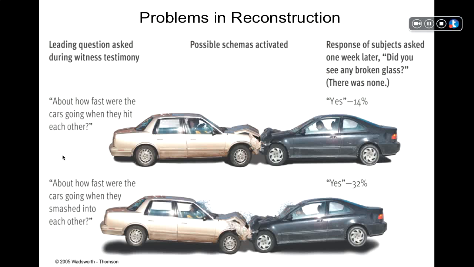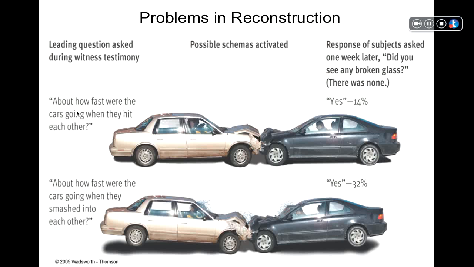Research on some of the ways that memory can fail us with respect to changing information so that it fits with our schemas has been conducted by a woman named Elizabeth Loftus, who's kind of a big name in this area. I'm just going to go over a study that Loftus conducted that illustrates some of the problems in reconstruction. So here's the deal. Two groups were shown a film. It was the same film of cars having an accident.